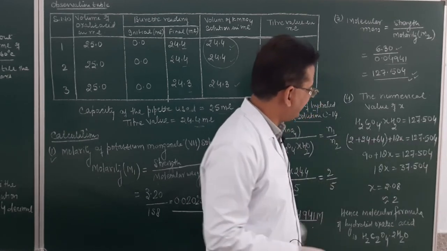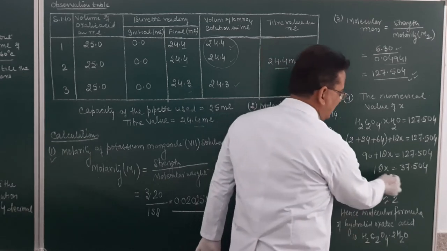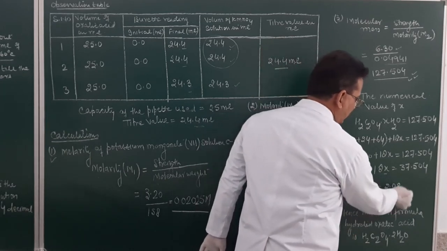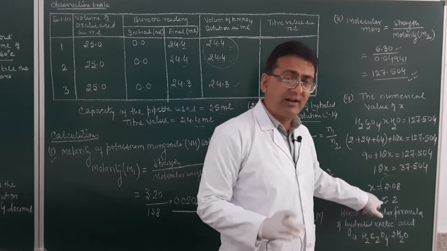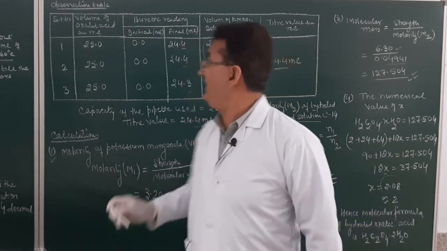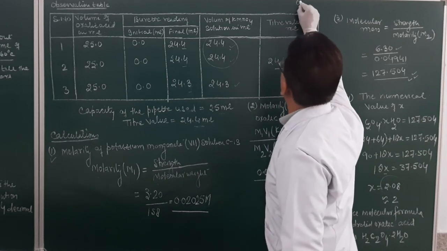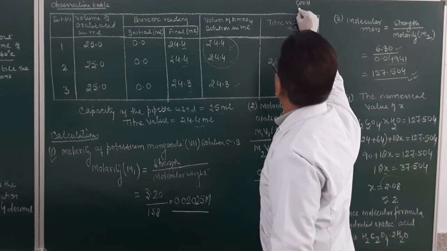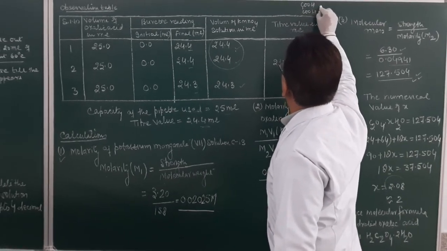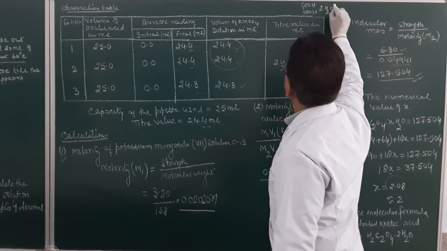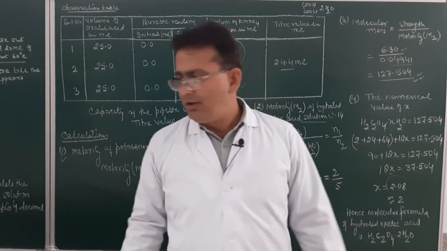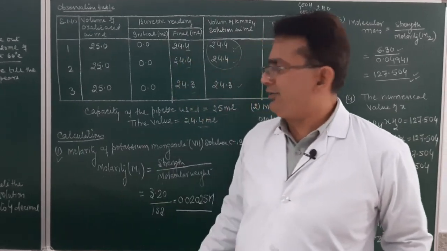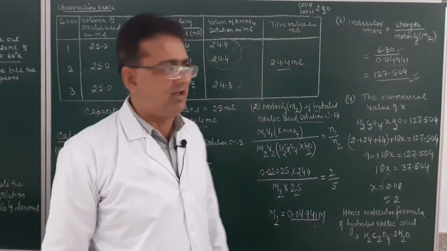If you solve for this, the value of X in this case will come to be equal to 2.03, which is approximately equal to 2, and which is the right answer, because the formula for oxalic acid is COOH and then COOH and then 2 molecule of water. So what is the value of X coming over here? 2.